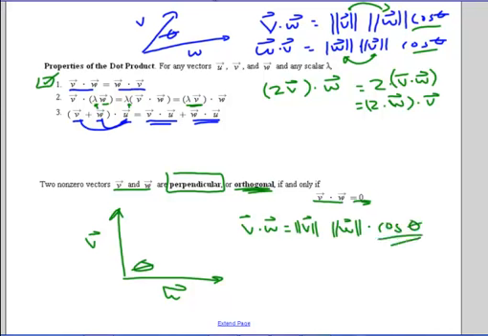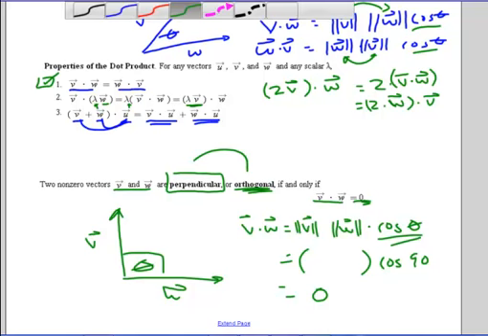And cos of theta, if it is in fact perpendicular, we've got cos of 90, and cos of 90 we know is 0. So this ends up being 0. So provided that they're perpendicular, and the other word that you should know being orthogonal, if the dot product of two vectors equals 0, that proves that they're perpendicular or orthogonal.